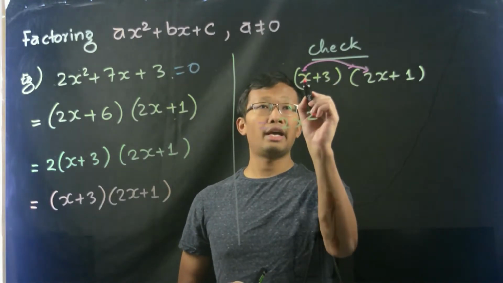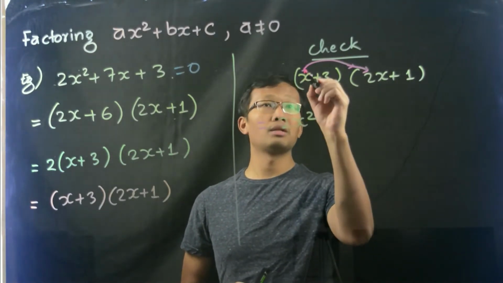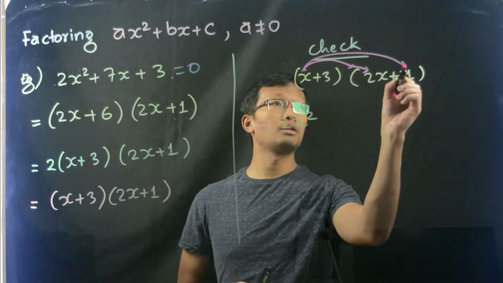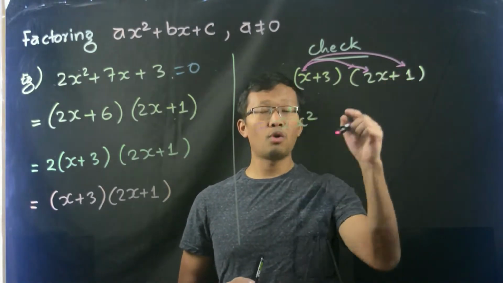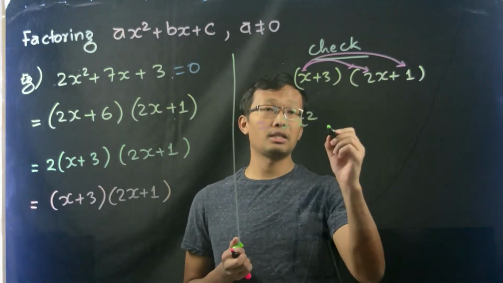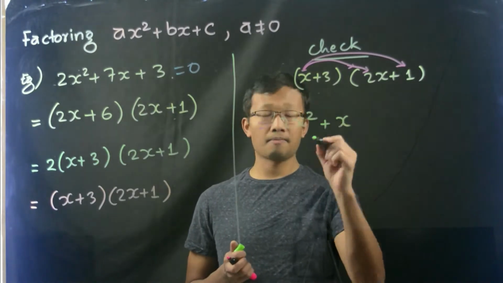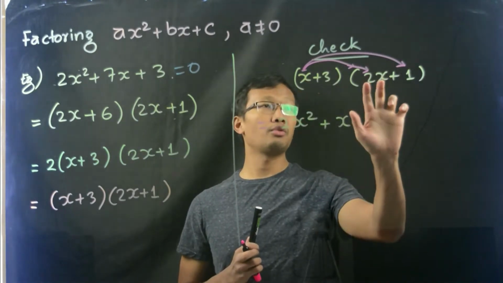Again x multiplies with 1. So x times 1 is 1x, that's simply x. We have multiplied x with both 2x and 1.